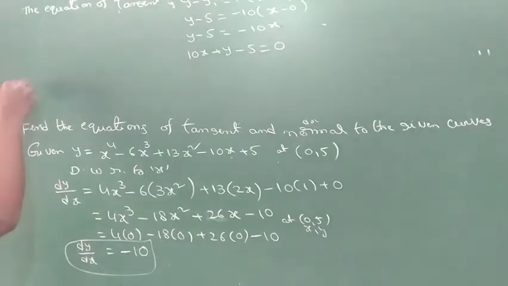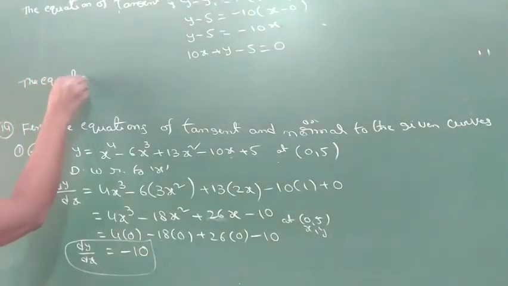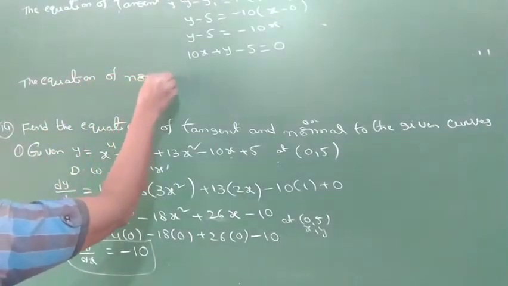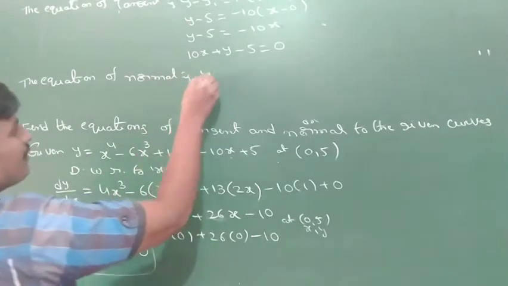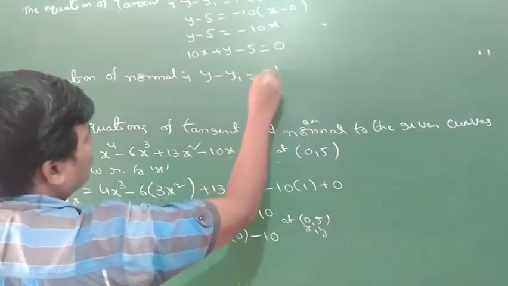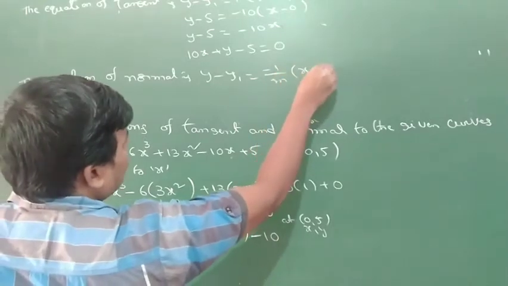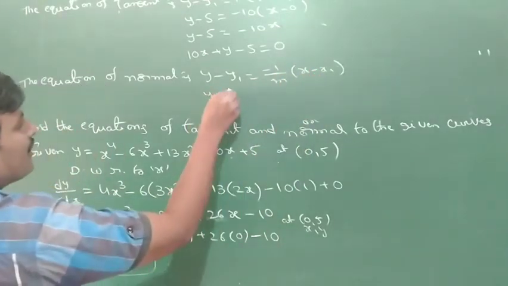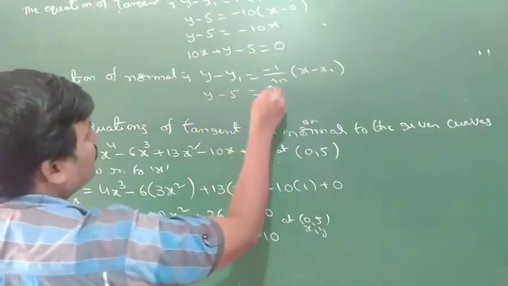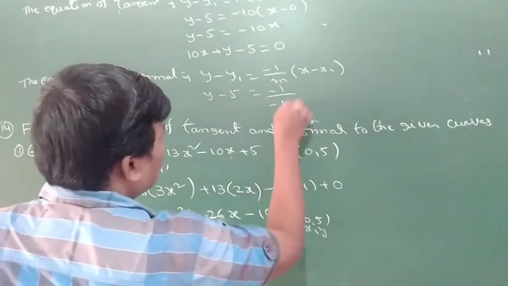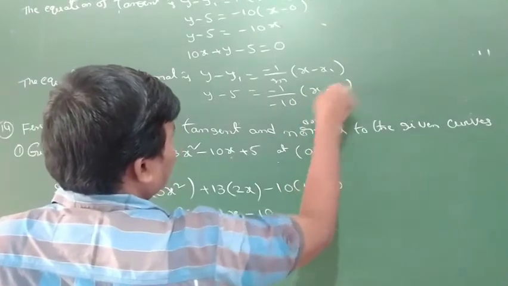Again, the equation of normal is y minus y1 is equal to minus 1 by m into x minus x1. So y minus 5 is equal to minus 1 by dy by dx, which is minus 10, into x minus 0.